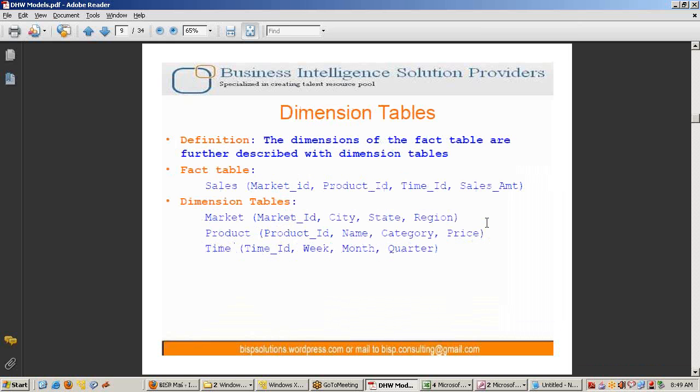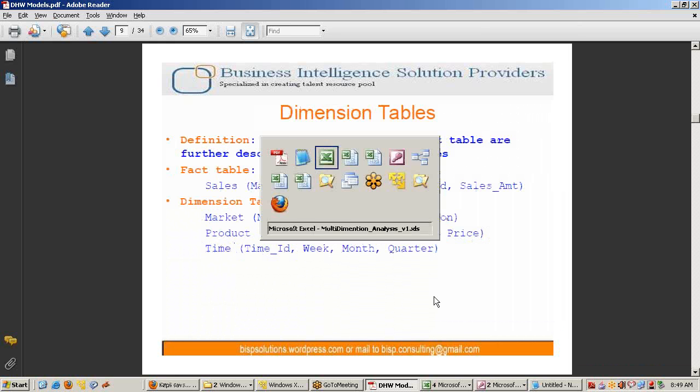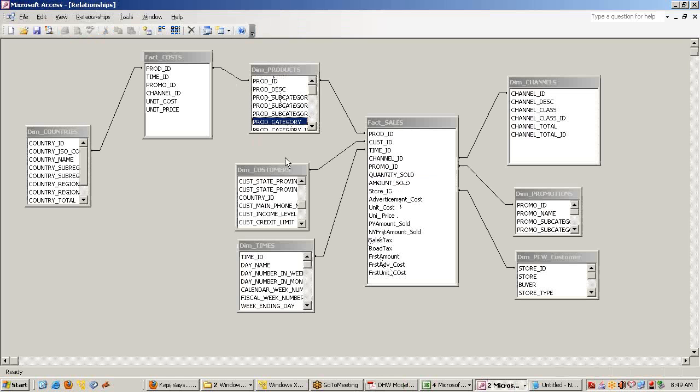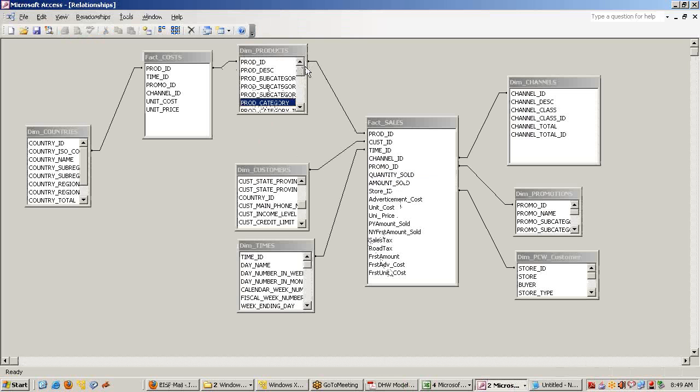Okay, so this is dimension table and a fact. What does a dimension table consist of? Dimension table consists of dimensions. Let's take an example for product. Product dimensions consist of all the information related to the product.